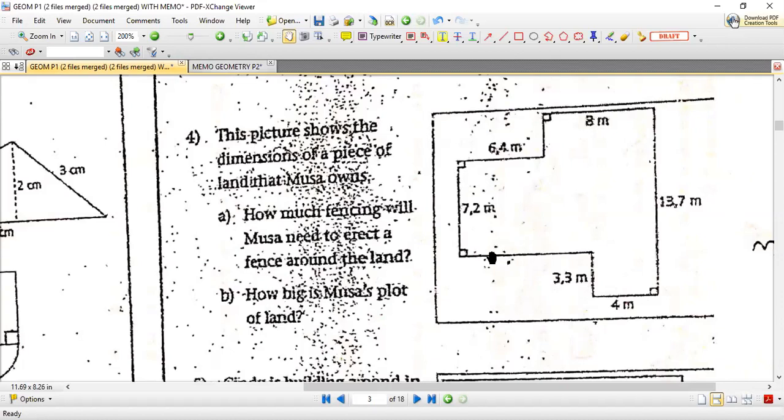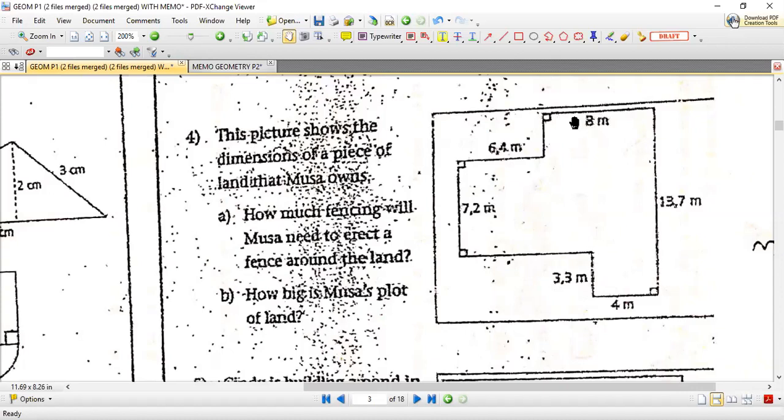But to find this measurement from there to there is a bit more complex, because as we can see, we have a 4 meter dimension and an 8 meter across. So this measurement here, it's 4 meters there. So if we go up there, it is 4 meters.